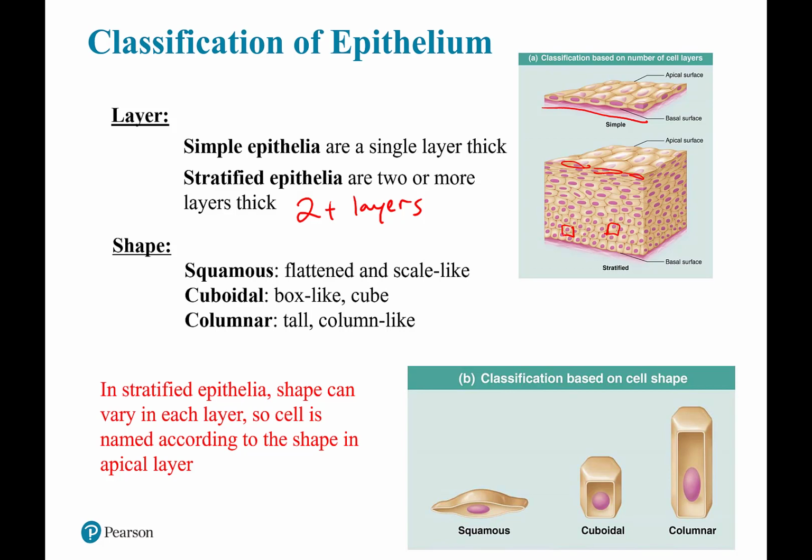We don't care what the bottom layer is. I don't care if it's square, if it's tall, if it's whatever. All I care about is the top layer. As long as the top layer, in this case here, is flat, then it's going to be squamous. If the top layer is square, it's going to be cuboidal. If the top layer is tall, it's going to be columnar. The bottom layers don't matter. Just the top layer if you have to call out a shape for multiple layer tissues.